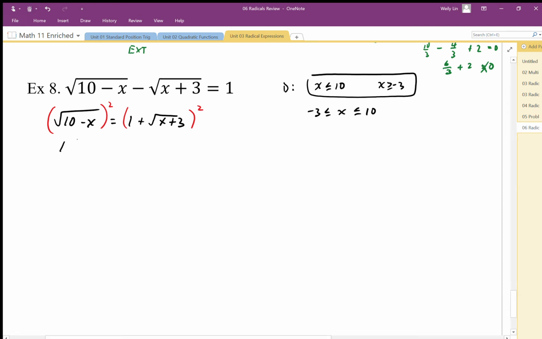So we end up with 10 minus x, 1 plus, we're going to have 2 root x plus 3, and then root x plus 3 times root x plus 3 is just going to give us x plus 3. We'll combine our like terms, so here we're going to subtract 4, so we're going to end up with 6. Subtract an x, so we're going to end up with minus 2x.